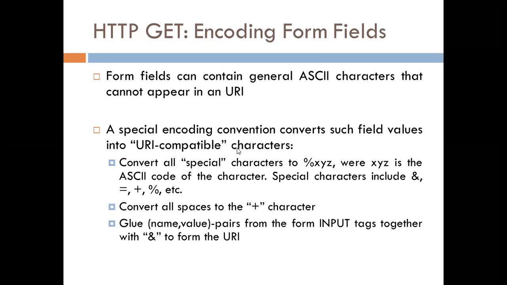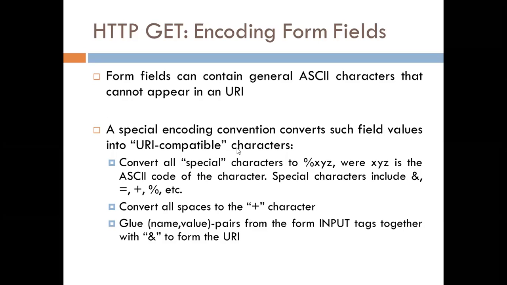So in the HTTP GET method, form fields are nothing but whatever contents we have inside the form tag. These contain general ASCII characters that cannot appear in the URL, so some of the fields we cannot specify.